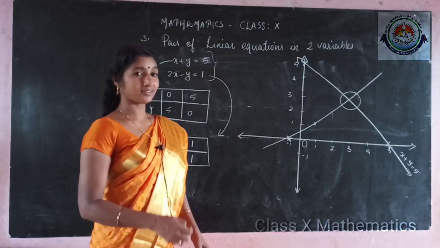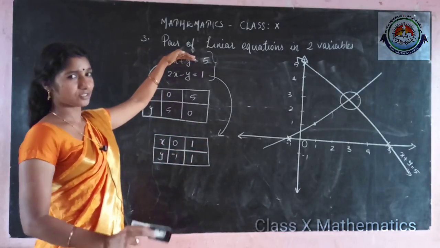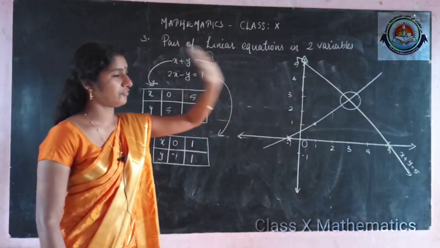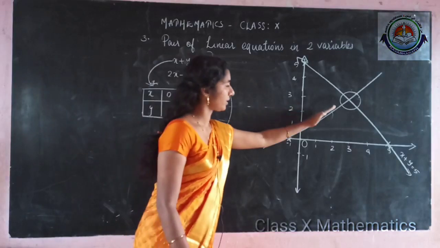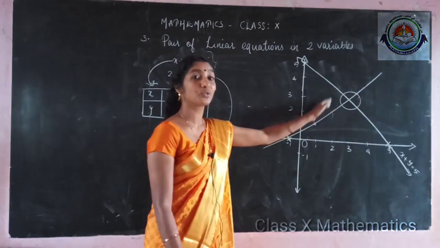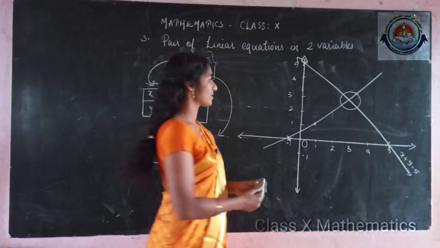How many solutions are there? Separately, the first equation has infinite solutions because every point on the line is a solution. The second equation also has infinite points, but together how many common solutions do they have? A single common solution.